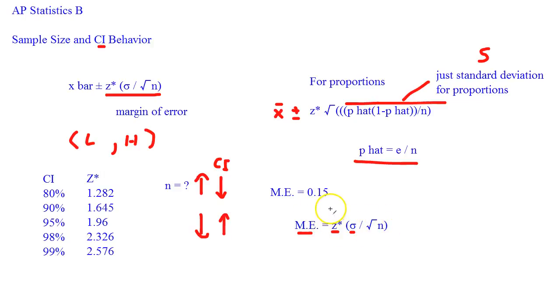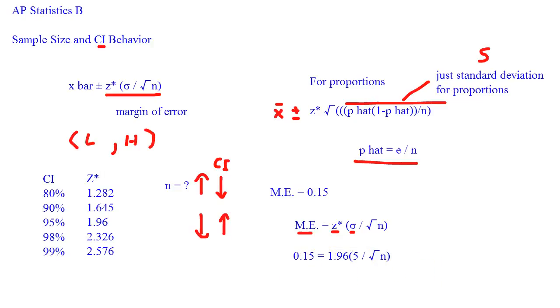So let's say, for example, we wanted a confidence level of 95%, and our standard deviation was 5. We'd set up the problem like this: 0.15 equals 1.96 times 5, divided by the square root of n.